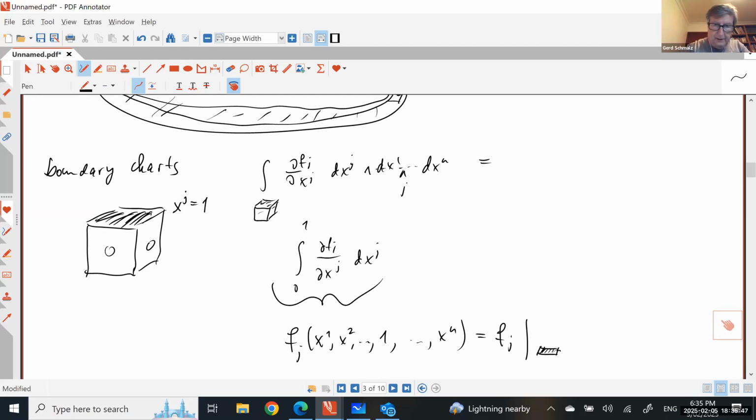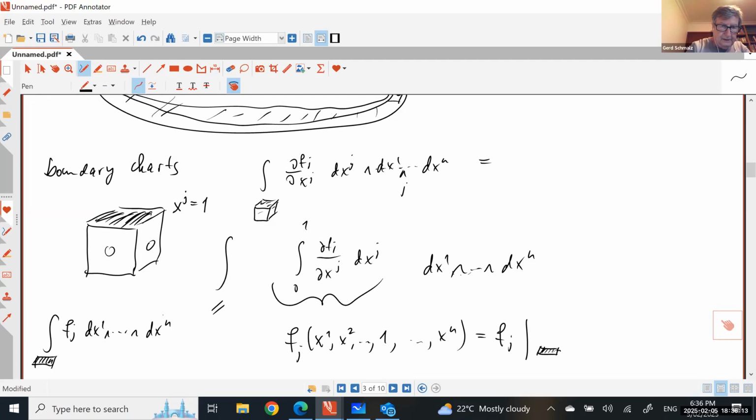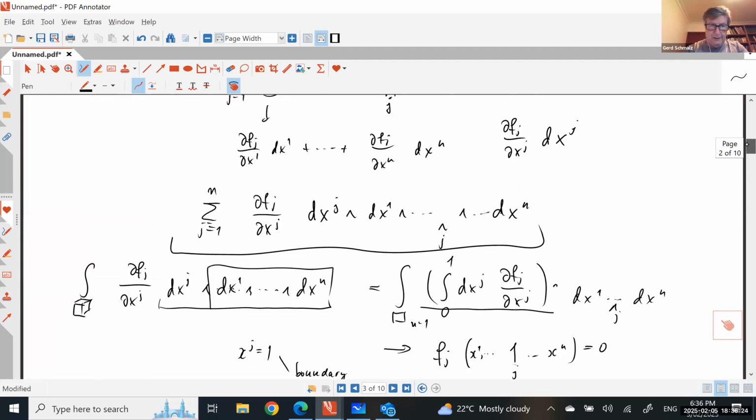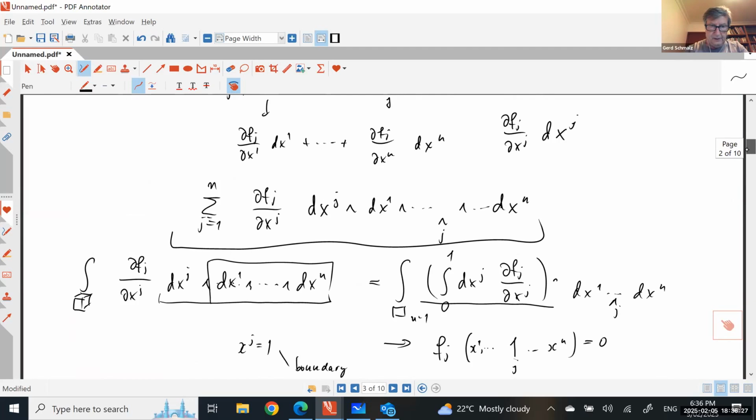And if I integrate this, then what I get is exactly the integral over the boundary, this upper boundary face, of f_j dx_1 ... dx_n with j missing, which is exactly the part of the form which I have been considering here.